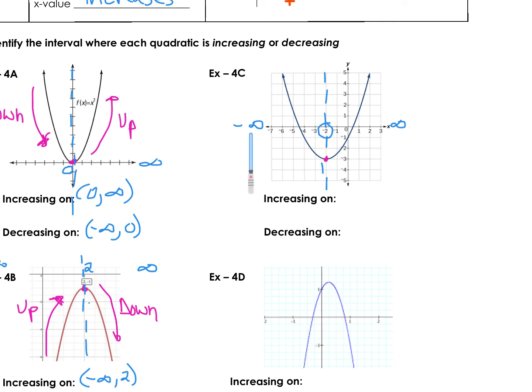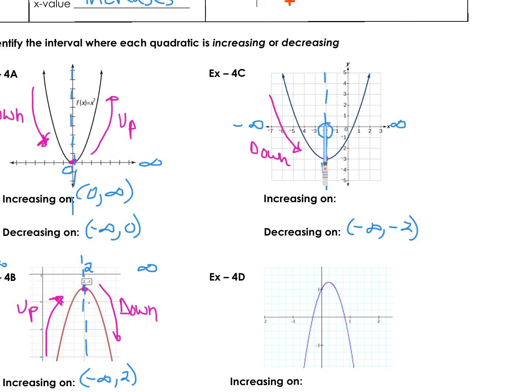So as I go from negative infinity to -2, ride that roller coaster, y is going down. So we're going down. So that's decreasing, so I'm decreasing from negative infinity to -2, and we're always using parentheses on increasing, decreasing intervals.